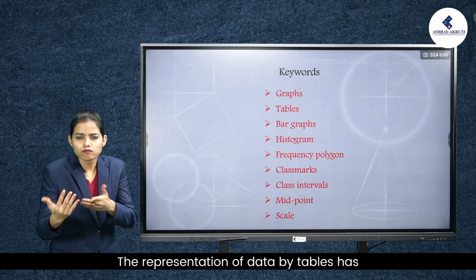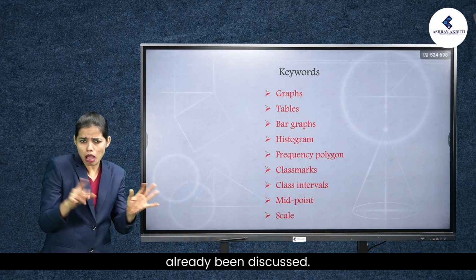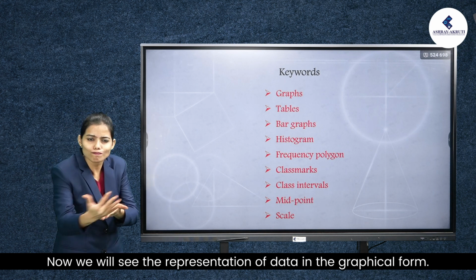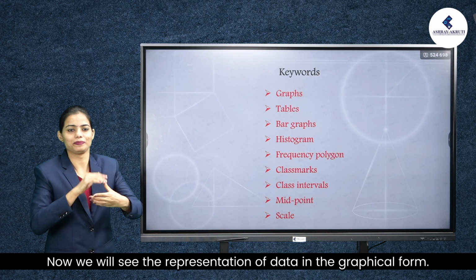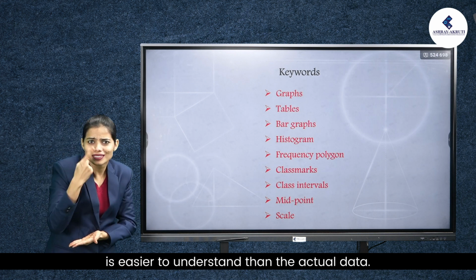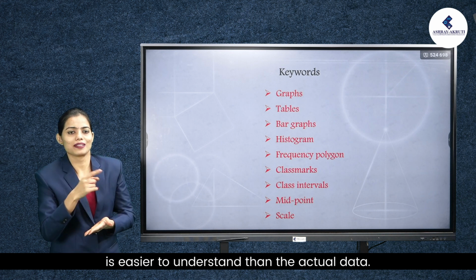The representation of data by tables has already been discussed. Now we will see the representation of data in graphical form. The graphical representation of data is easier to understand than the actual data.